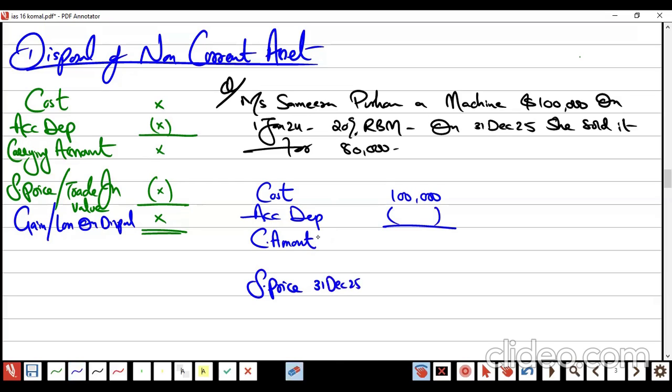So we need the carrying amount at the time of disposal. Always remember it must be matched. If it is not matched, it's a problem. We need the carrying amount and selling price for the same day. Otherwise, we will not be able to find out a gain or a loss. Okay?